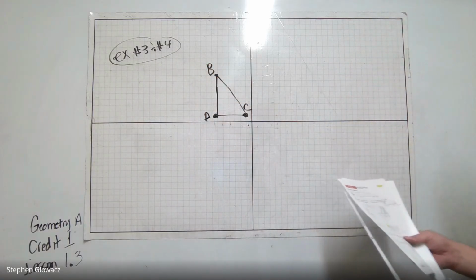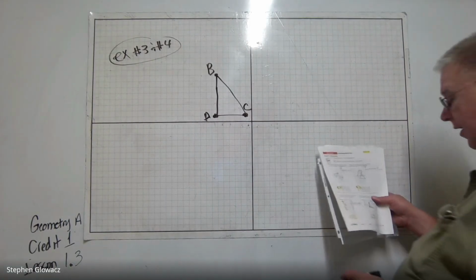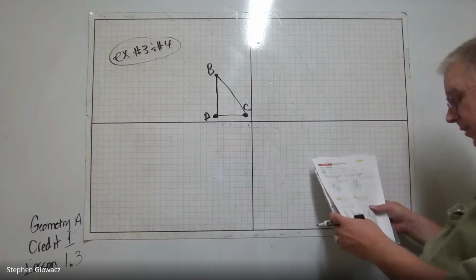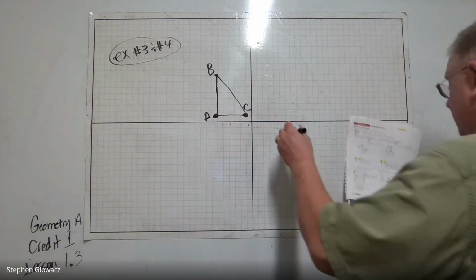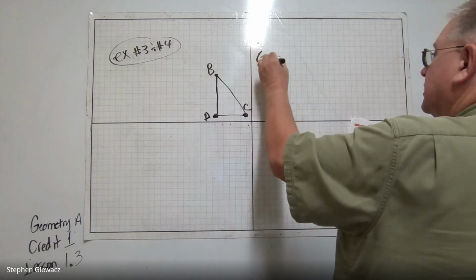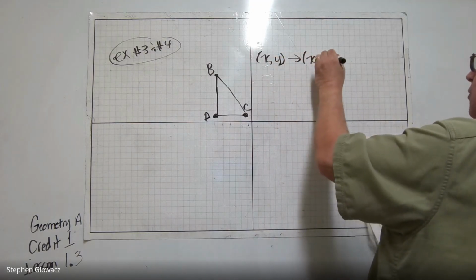What we're given here is the rule to apply, which is x plus 7 and y minus 2.